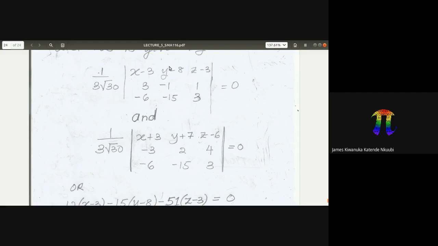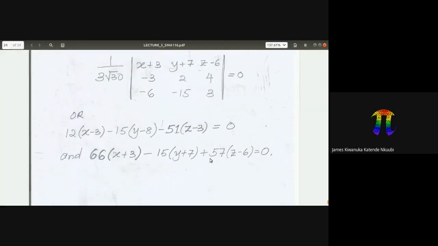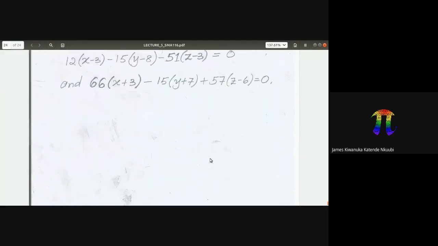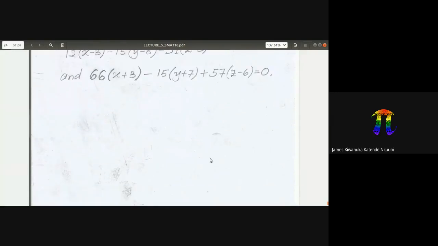So these 2 equations give you the two planes that intersect through the line of shortest distance. So once you work out these two planes, the intersection is the line that you are looking for.